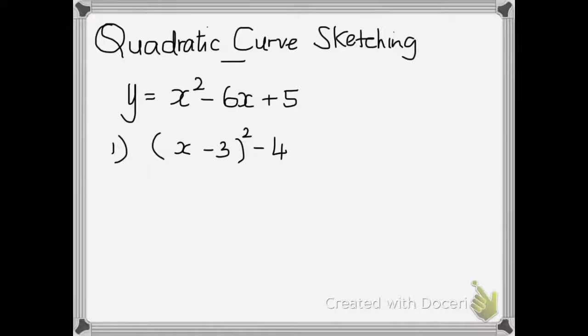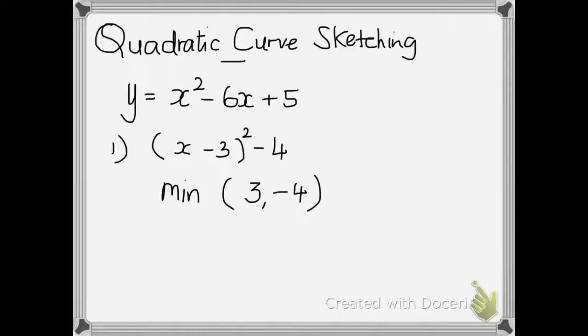So what is the minimum point here? The x coordinate will be 3, and the y coordinate will be negative 4. Basically, you read from that complete square.